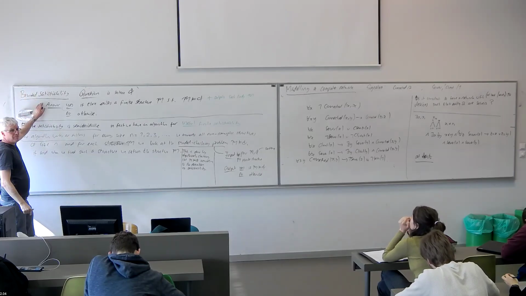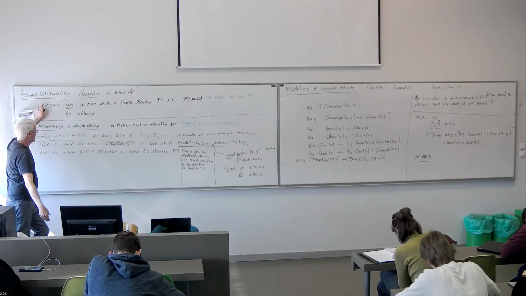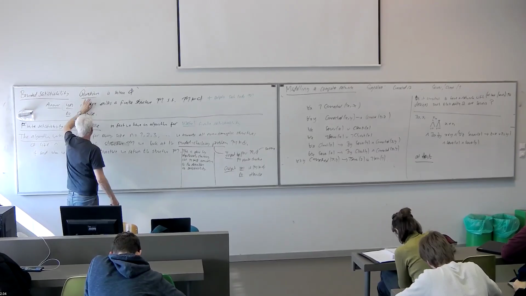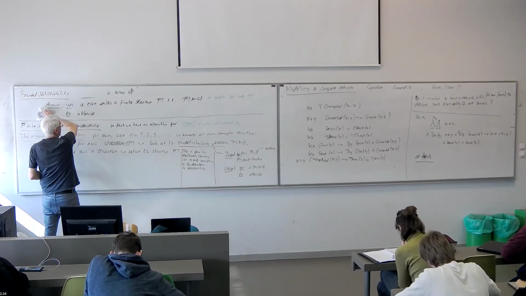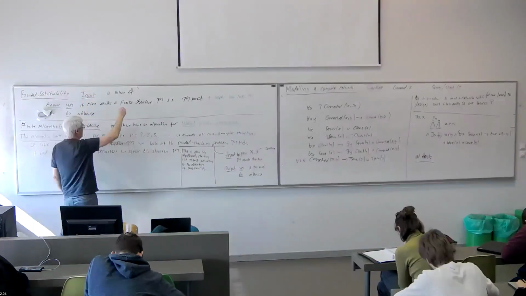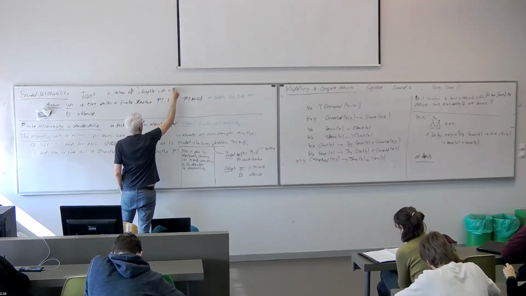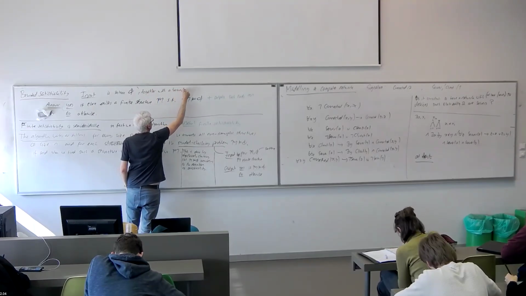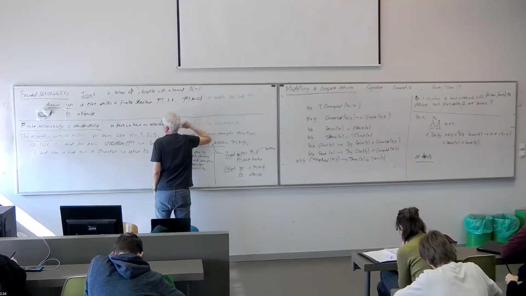But we're going to give a bound to the size of the structure that we're interested in. So the input is a sentence phi, together with a bound n, a natural number greater than 0.